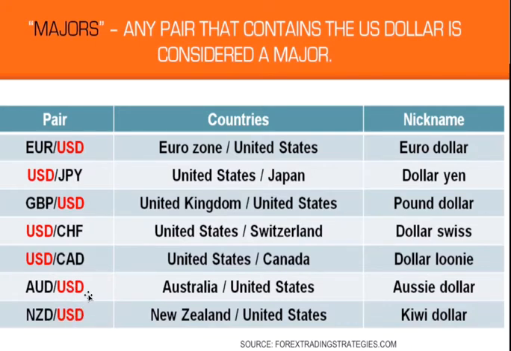These are the currencies we refer to as major pairs, the pairs that are tagged along with US dollars: Euro USD, USD JPY, GBP USD, USD CHF, USD CAD, AUD USD, NZD USD.